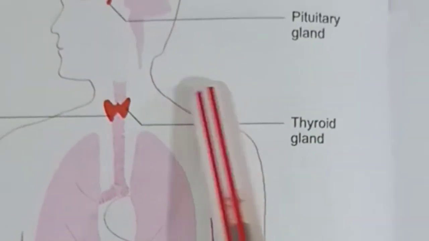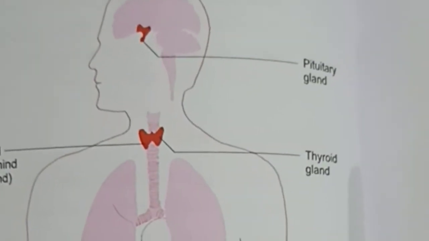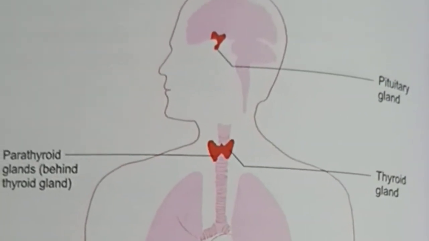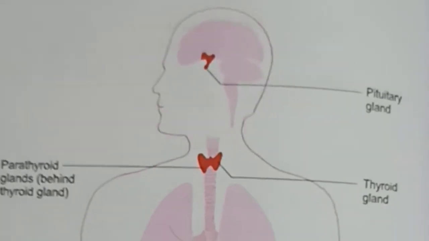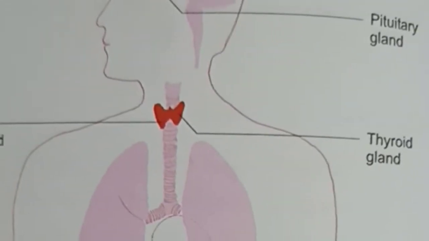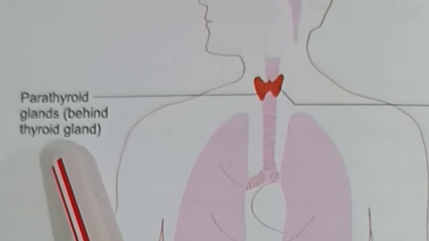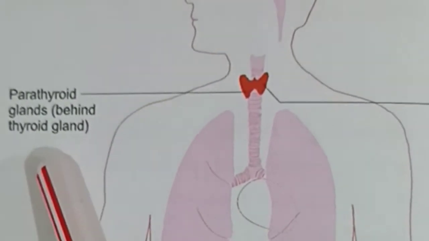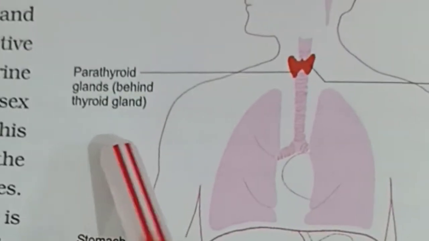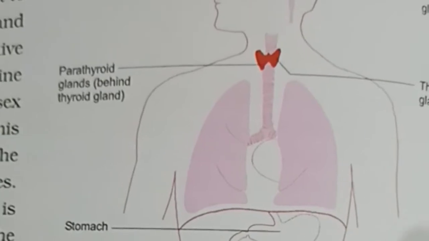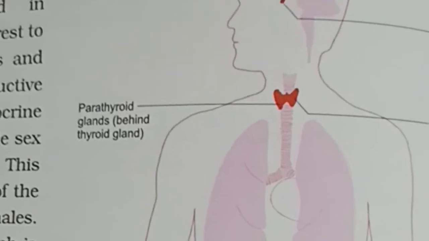It is found near the larynx, and the function of this gland is to control many activities of the body, including the rate at which energy is produced. Another one we can see is the parathyroid gland, located behind the thyroid gland. The function of the parathyroid gland is to control the balance of calcium in our body.